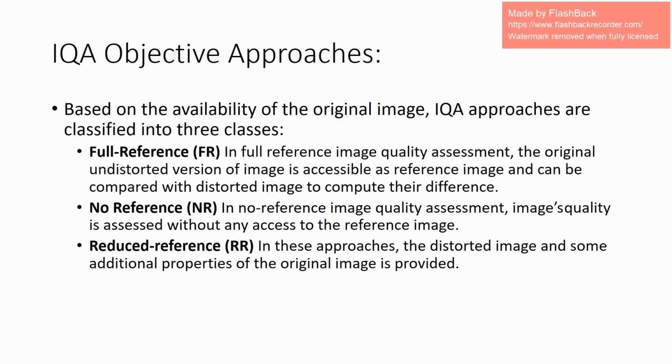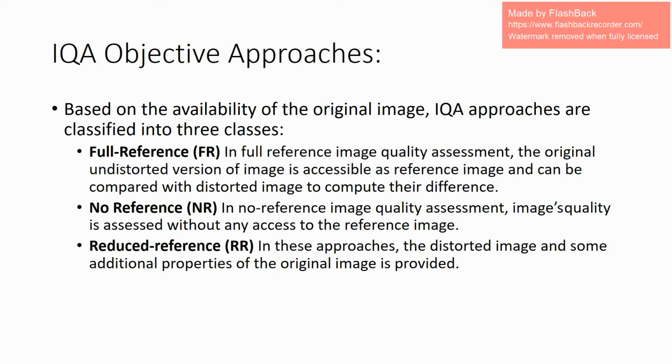Based on the availability of the original images, IQA approaches are classified into three classes: full reference, no reference, and reduced reference. In the full reference approach, the original undistorted version of the image is accessible as a reference image and can be compared with the distorted image to compute their difference and check their quality.